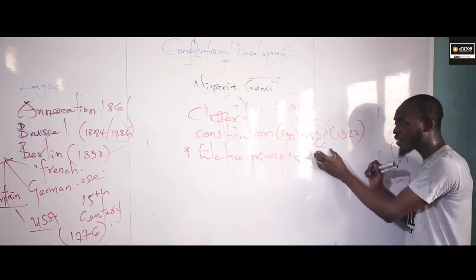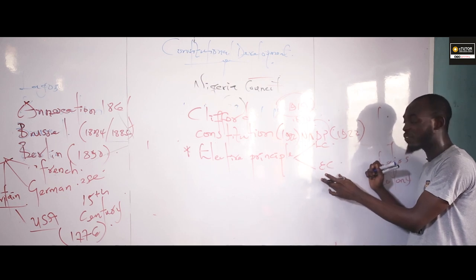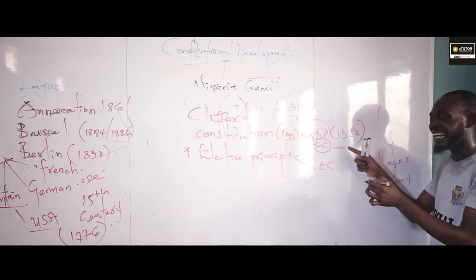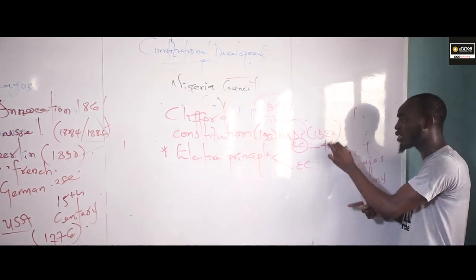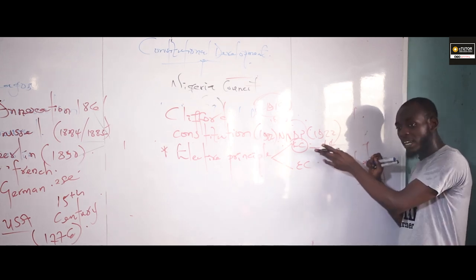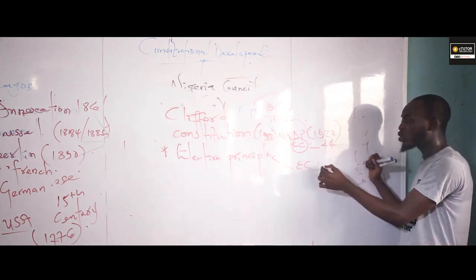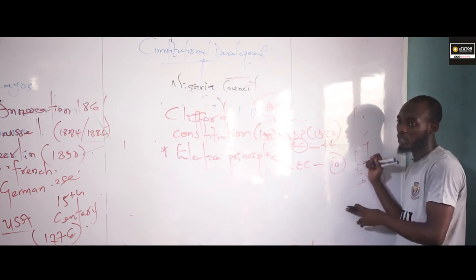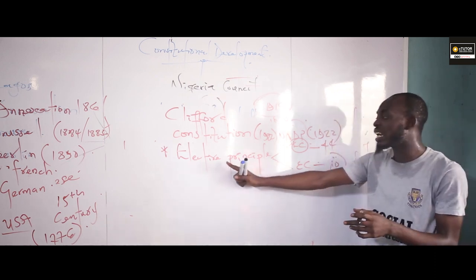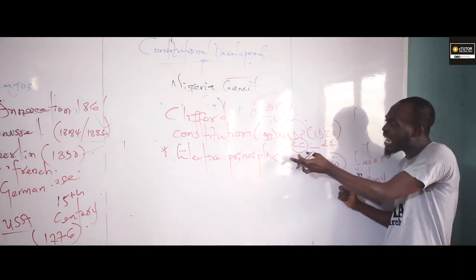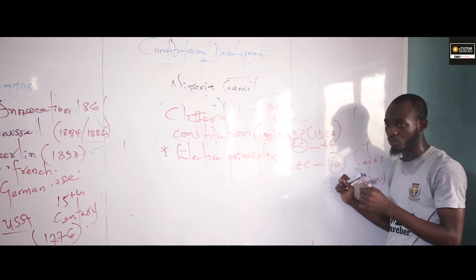The Legislative Council has 44 members, while the Small Executive Council has 10 ex-official members. This elective principle only gave Nigerians the chance to be elected into the Legislative Council.